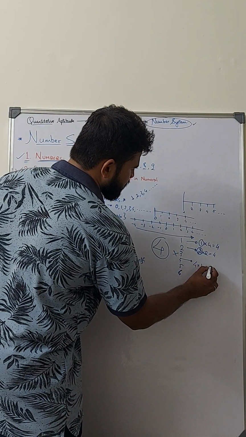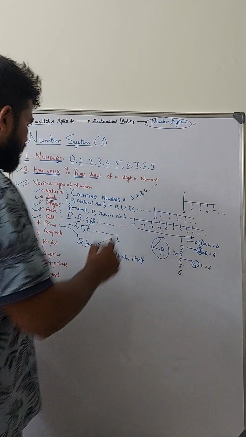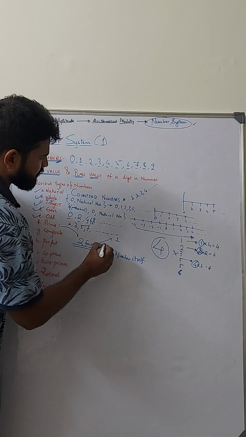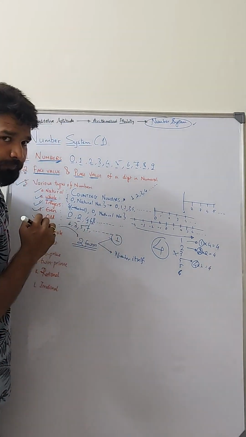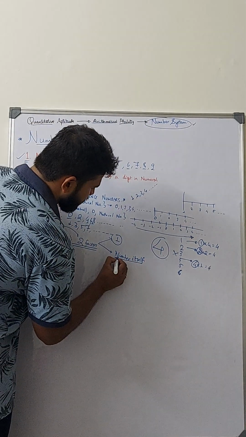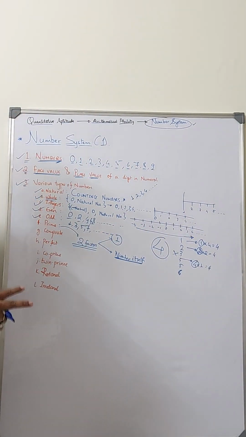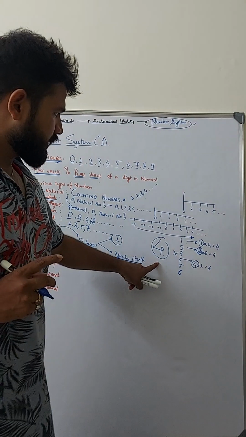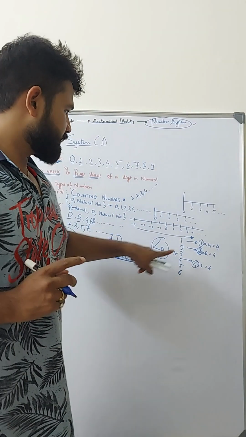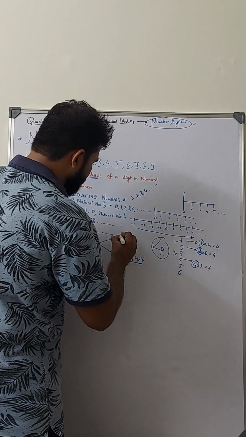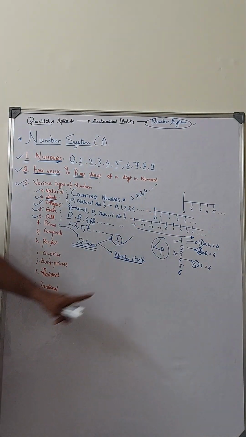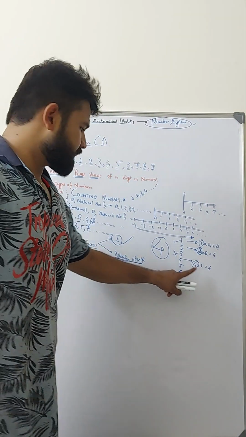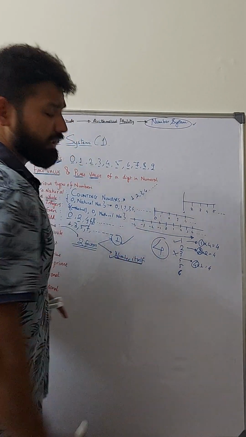And 4, yes, 4 ones are 4. Just now we said prime numbers are the numbers which have two factors. One should always be 1 and the second should be the number itself. No other factor should be there. For 4, 1 is a factor, so we met one criterion. For the second, the number itself, 4 ones are 4, so this criterion is also fulfilled.